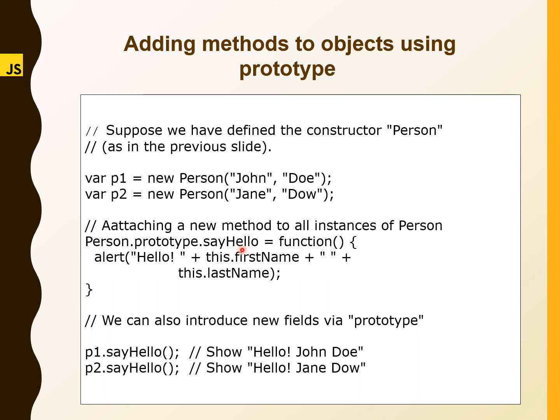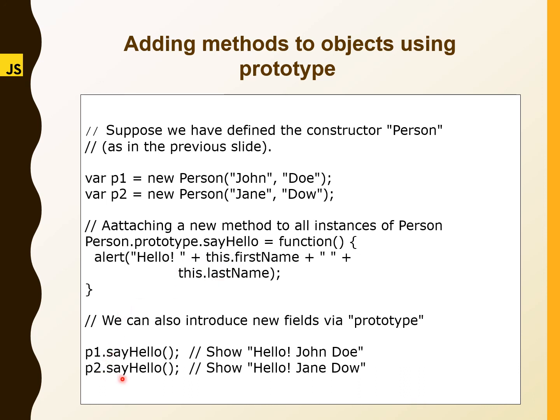We already created two instances, P1 and P2. Using P1 and P2 we can access the sayHello function. If we call P1.sayHello, an alert box will be generated with the message hello John Doe.